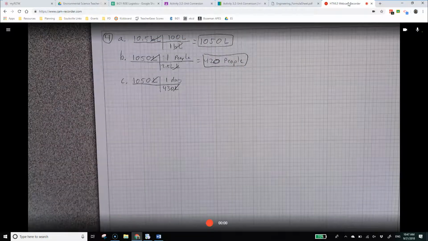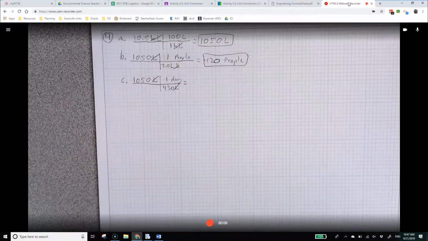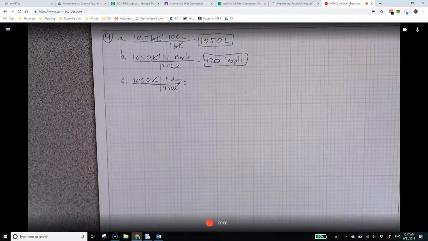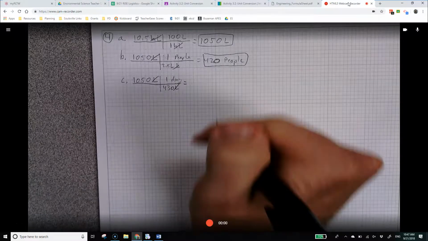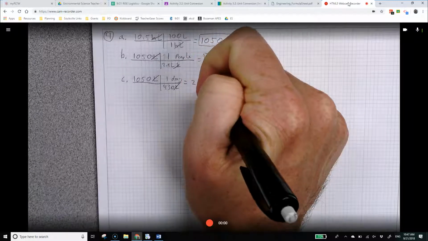Crossing out liters, then I just say 1050 divided by 430. So how many days? 2.4. Can I get a confirmation? Okay, thank you. 2.4 days, and thank you for rounding it to the nearest tenth of a day like it asked.